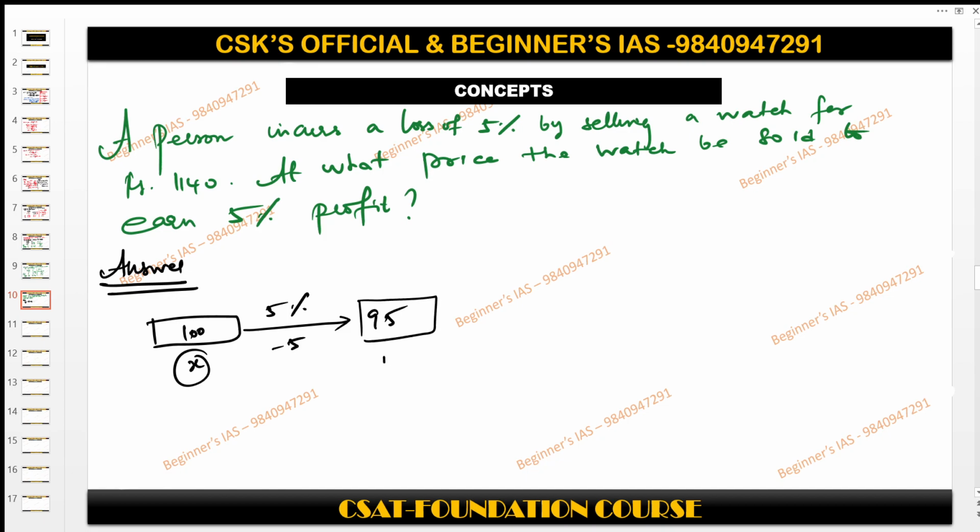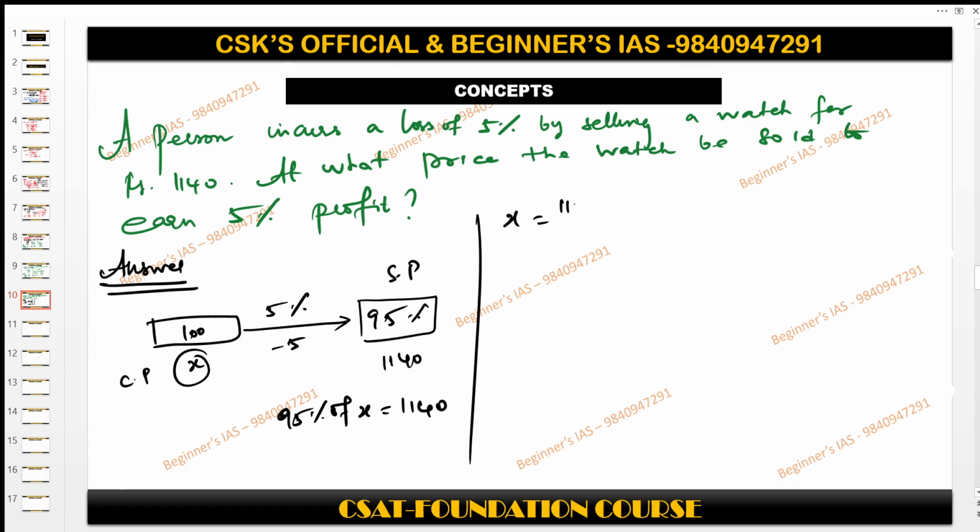This 95% is nothing but this one. So 95% of X, which is equal to, so this is nothing but cost price, this is nothing but selling price. 95% of X is equal to this one, then X is equal to 1140 into 100 by 95, right?